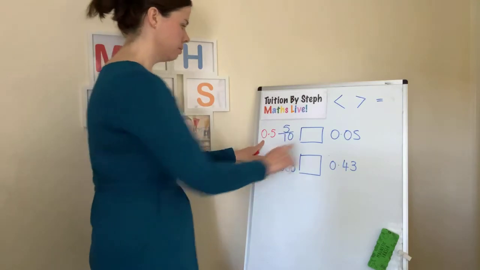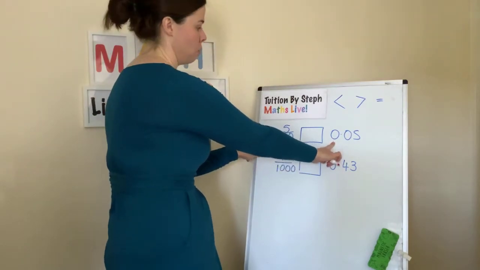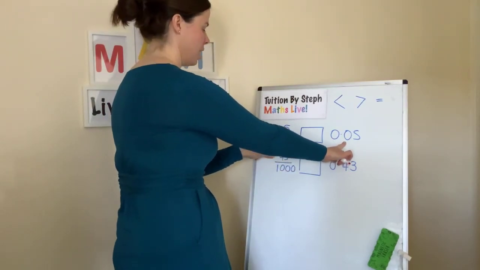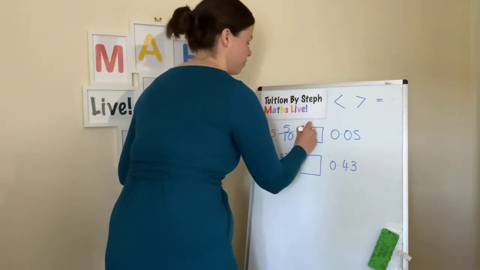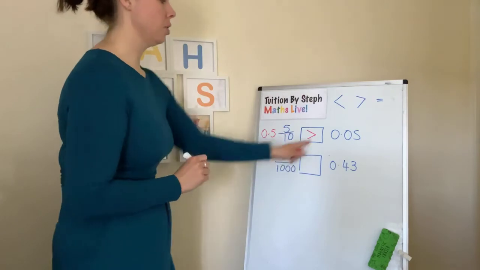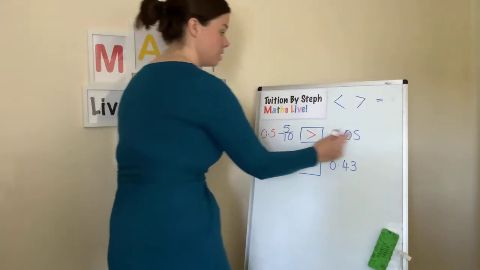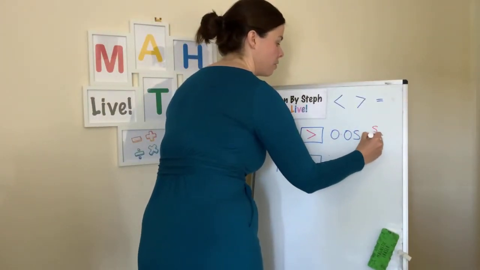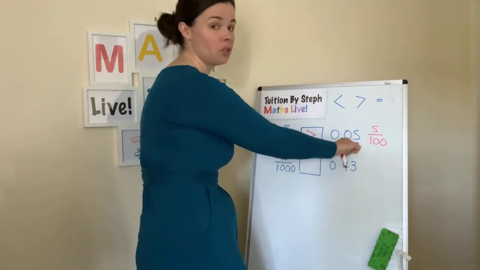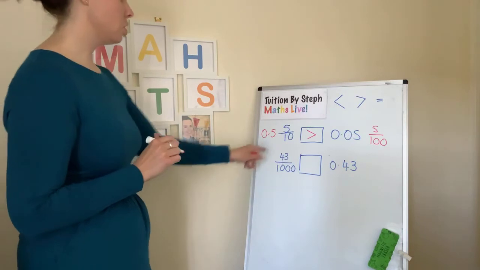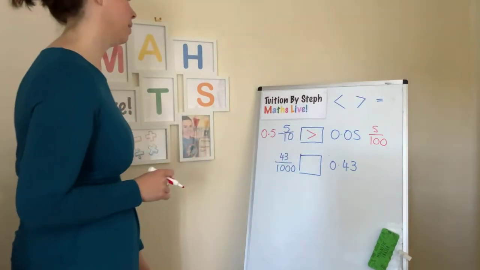Well, they've both got no units, no ones. So if I go next, this has got 5/10, but this has got no tenths. So 5/10 is bigger than 0.05. By the way, this as a fraction is 5/100 because there's no tenths, but it is in the hundredths column. So as you can see, there's two different ways of checking.